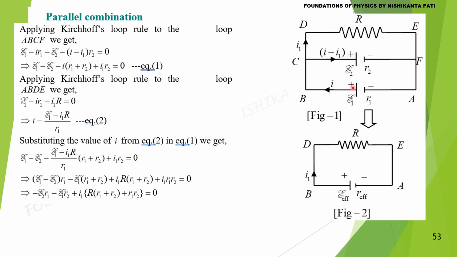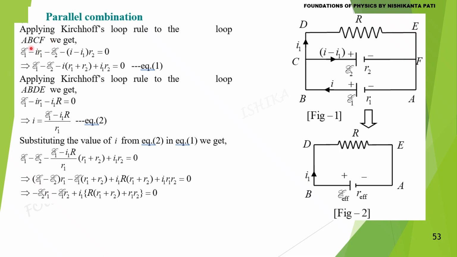These two cells are connected in parallel. Let I be the current flowing, then I minus I1 and I1 flow this way. These two cells behave as a single cell of effective EMF and internal resistance. Let I1 current be flowing here, so here also I1 has to flow.